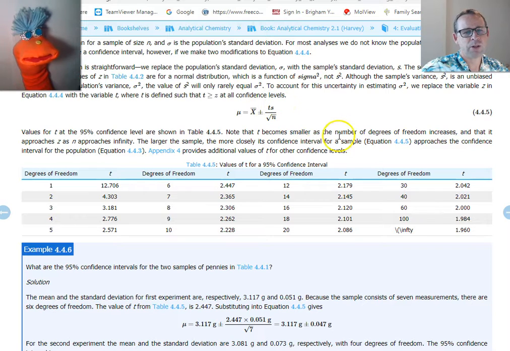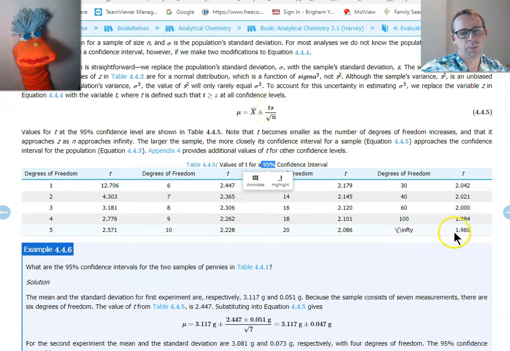Obviously, as we approach infinity, this is all at 95%, our value for t would be, because if we had infinity, we would basically be back to sigma again. So we'd be back to 1.96.